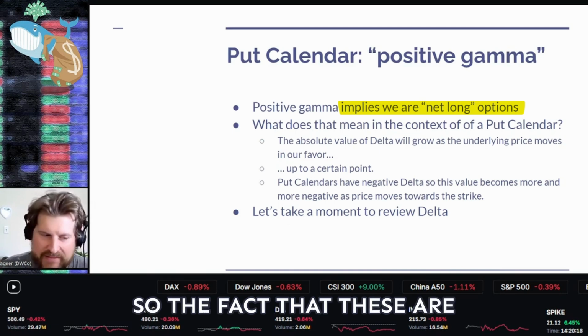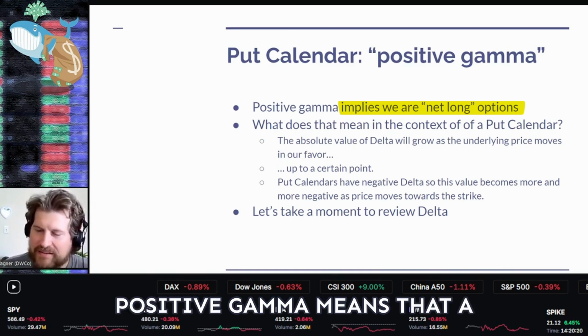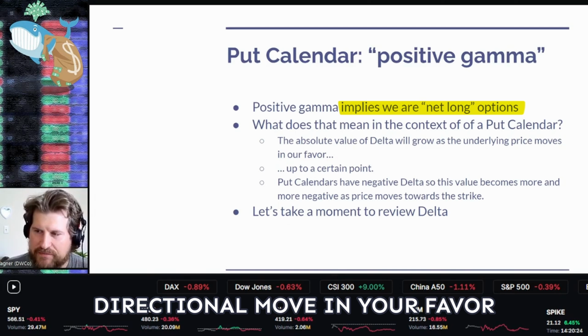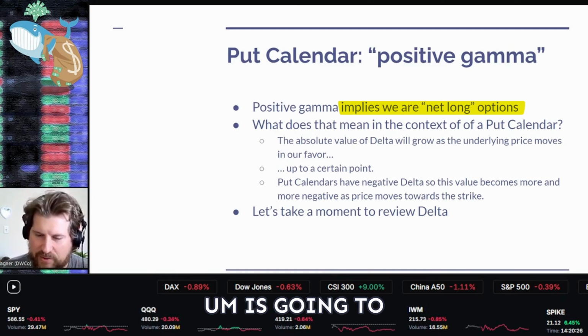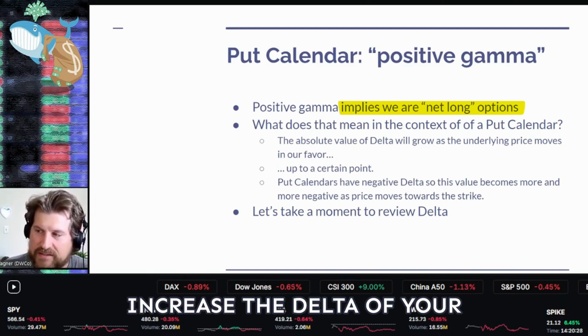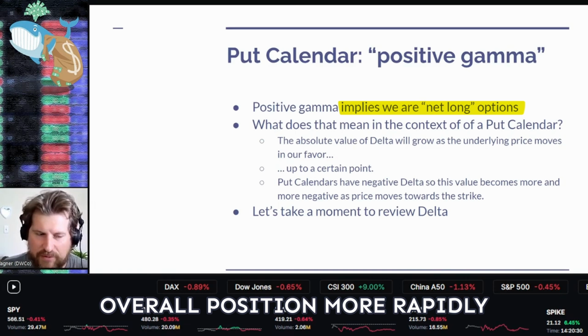So the fact that these are positive gamma means that a directional move in your favor is going to increase the delta of your overall position more rapidly.